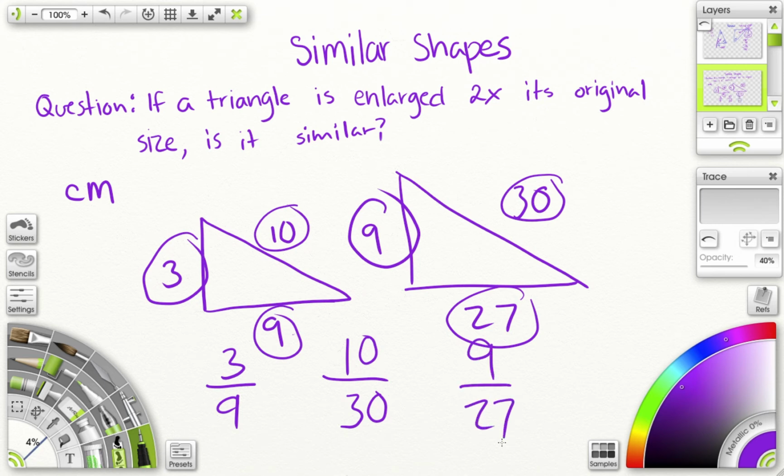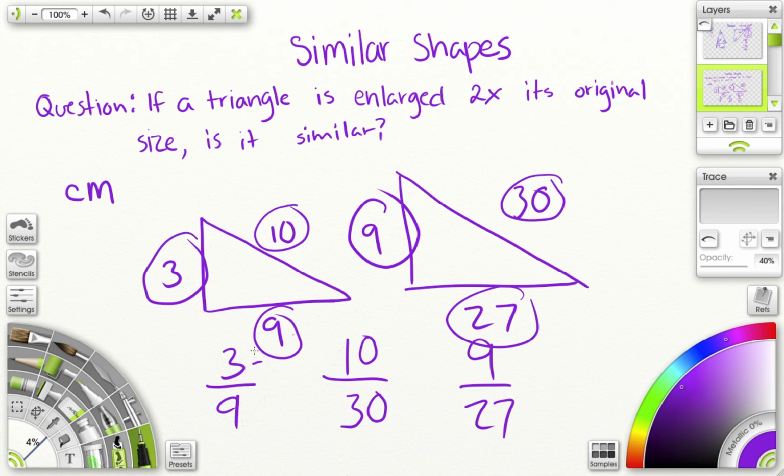Why did I do this? Because who remembers finding the simplest form of a fraction, where you divide the fractions up to make them into the lowest common term, or the lowest fraction. 3 over 9, they both fit into 3.